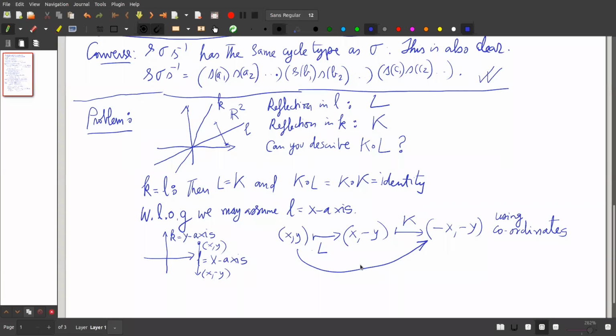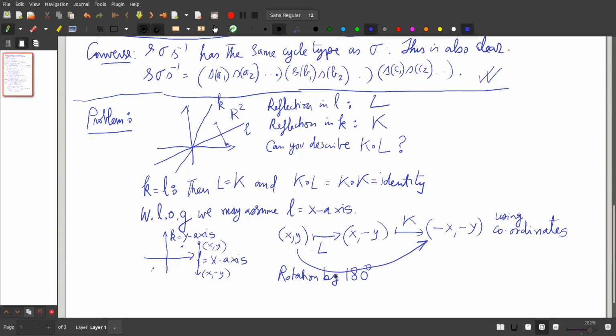I heard an answer which was good: 180 degrees something. If I have x y here, minus x minus y will be here, right? So it is a rotation by 180 degrees, in the clockwise direction. Rotation by 180 degrees. Yeah.